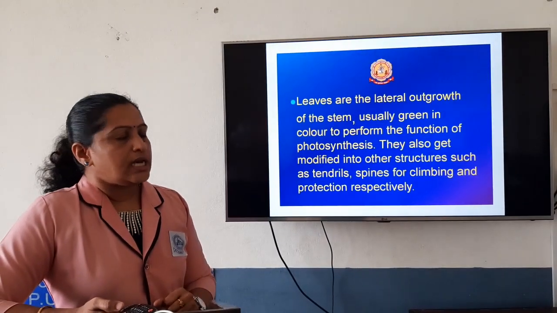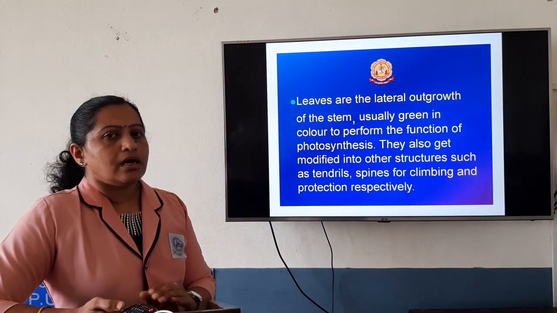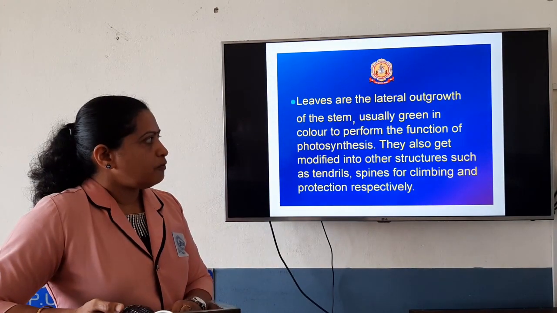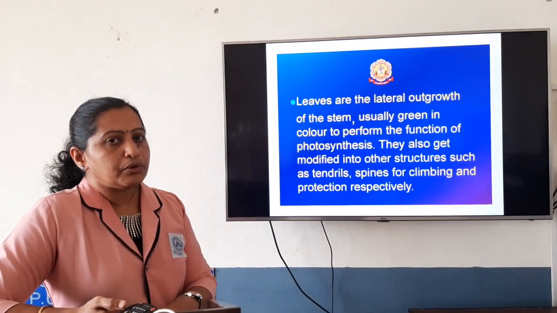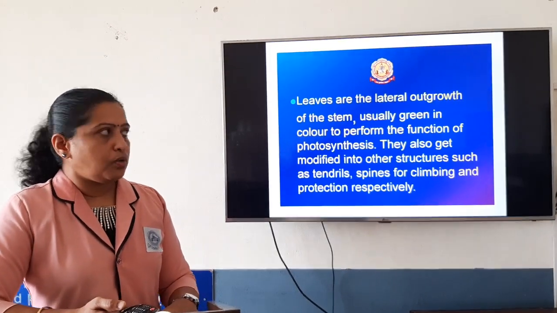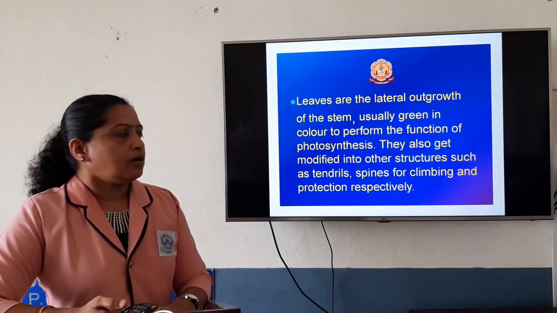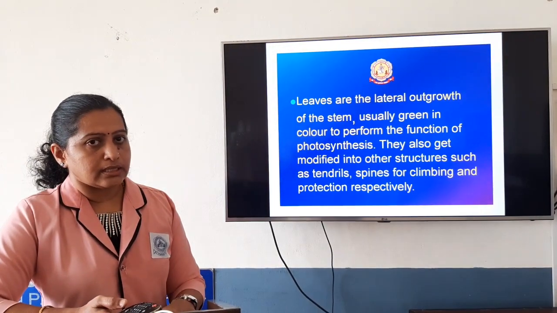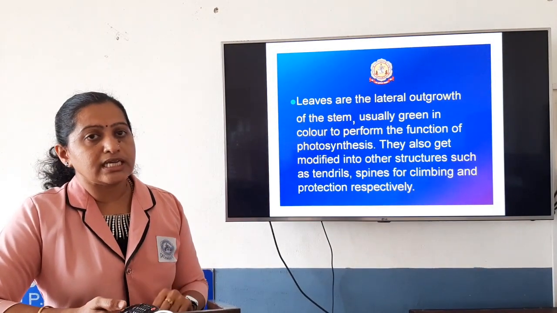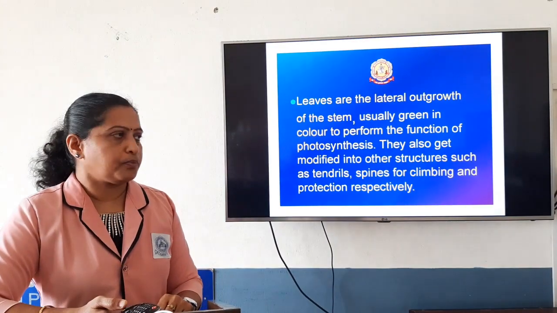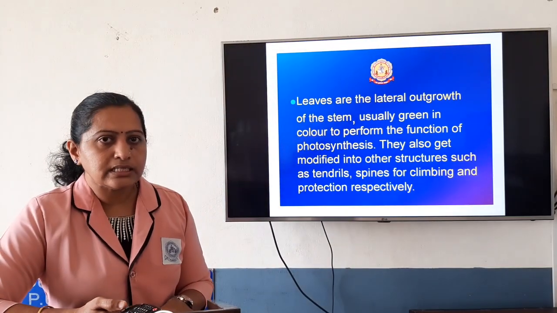Now, leaves. Leaves are the lateral outgrowths of the stem, which are usually green in color due to the presence of a pigment named chlorophyll, and their main function is to perform photosynthesis as well as to synthesize photosynthates of the food. And the food that is synthesized is glucose.